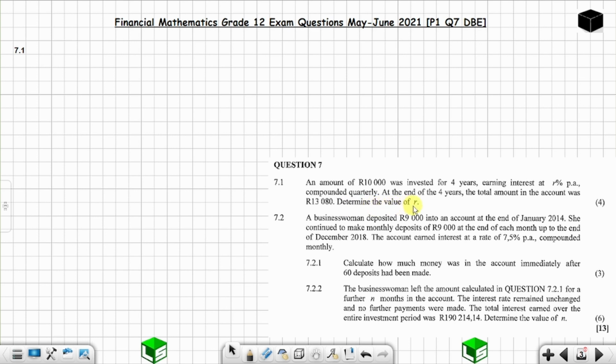Determine the value of R. An amount of 10,000 is invested for 4 years, earning interest at R% per annum, compounded quarterly. At the end of the 4 years, the total amount in the account was 13,080 rand. Determine the value of R.